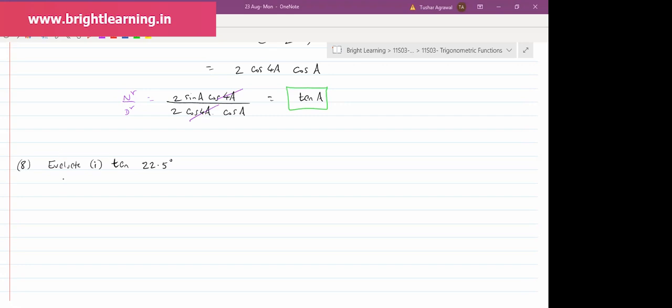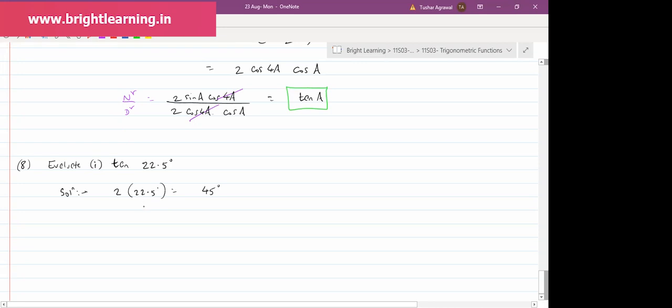Okay. If you see, 22.5 is half of 45 degree. 22.5 degree is equal to half of 45 degree, or you can say that 2 into 22.5 is equal to 45 degree.